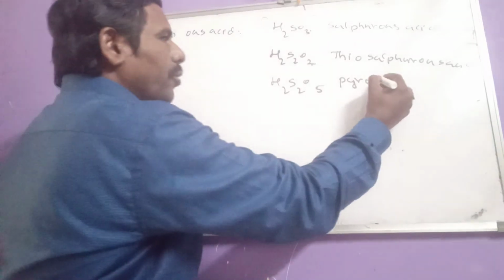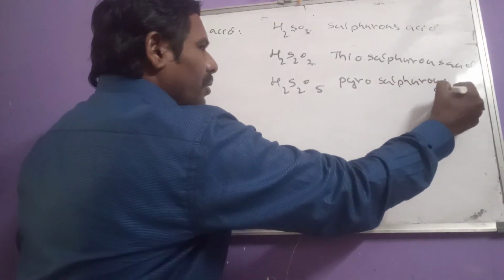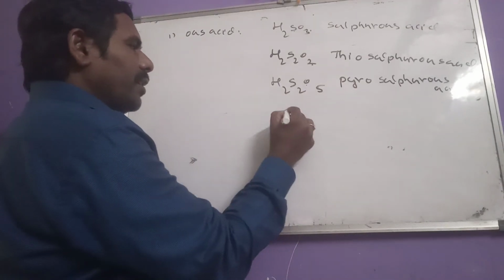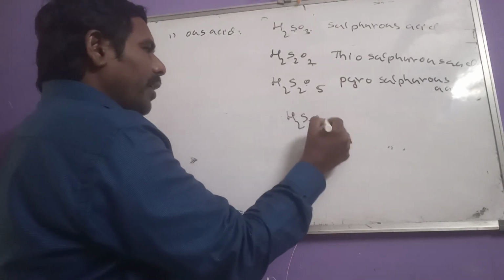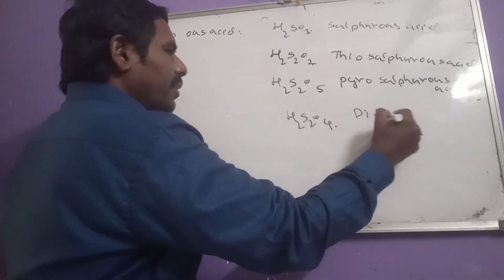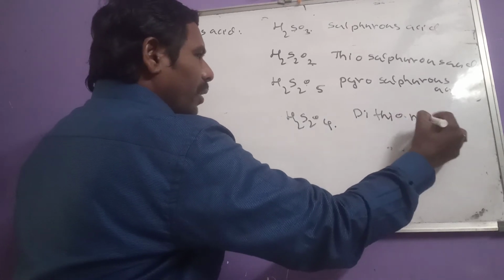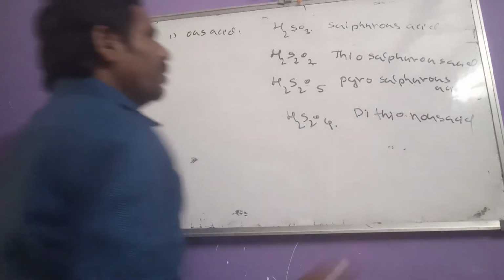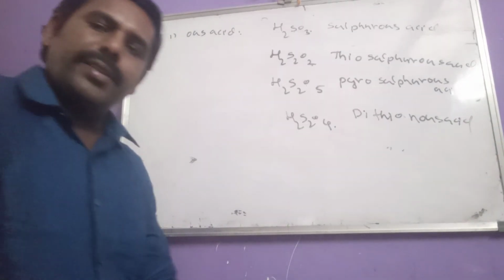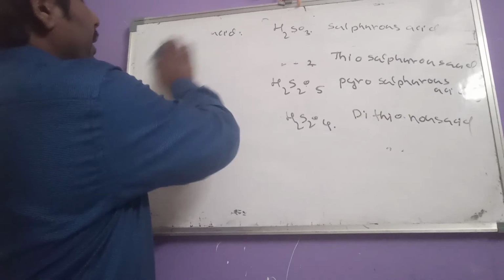So pyrosulfurous acid. From this now decrease one oxygen. Now we can get H2S2O4. This is known as dithionous acid. So these four come under the ous acid series.